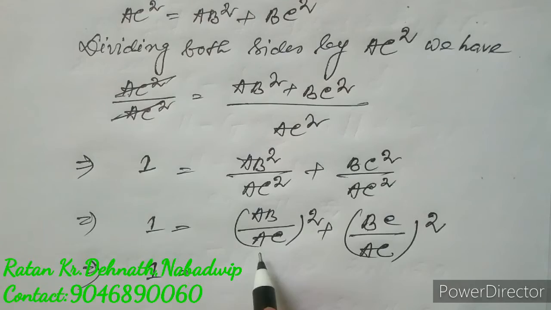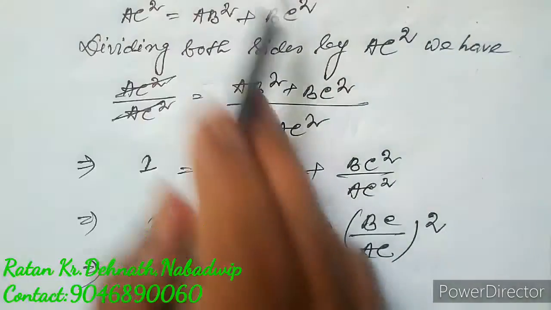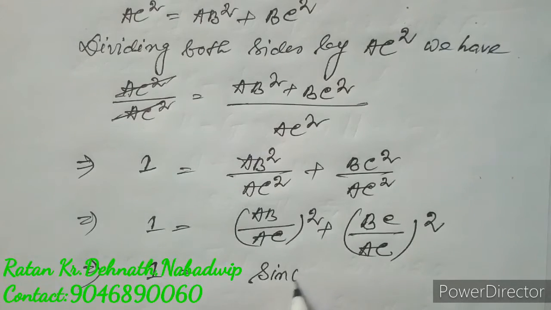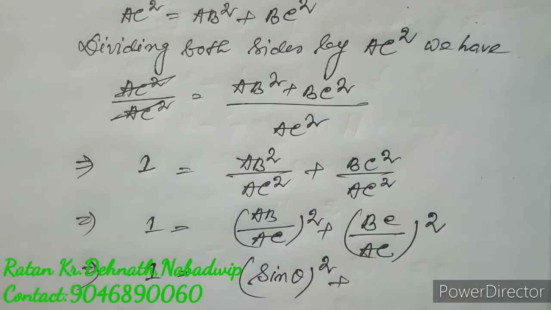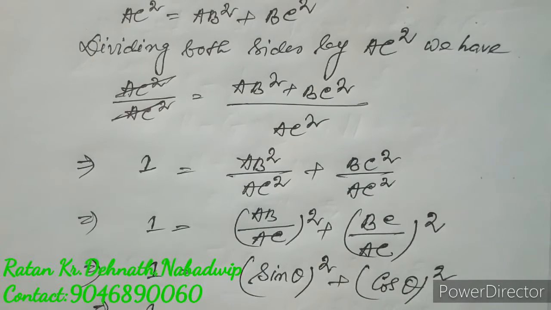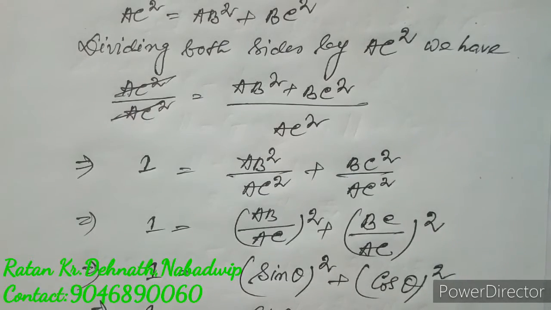AB by AC means perpendicular by hypotenuse, and perpendicular by hypotenuse means sin theta whole square. BC by AC means base by hypotenuse, that is cos theta whole square. Sin square theta plus cos square theta.